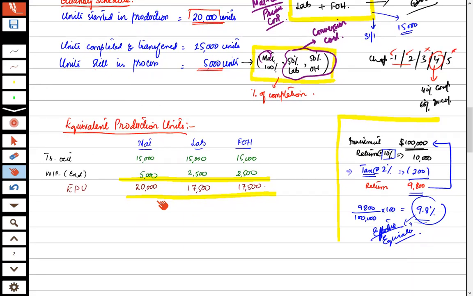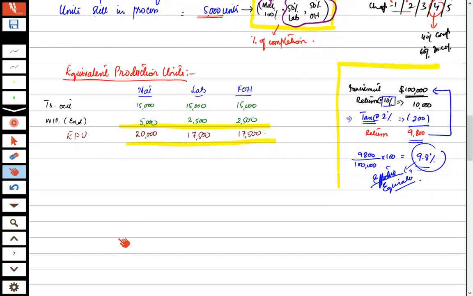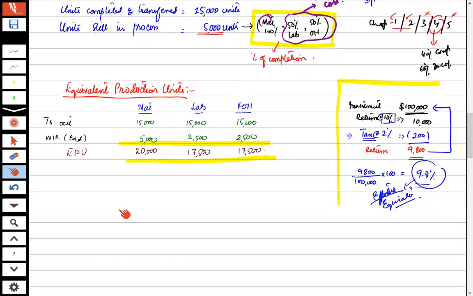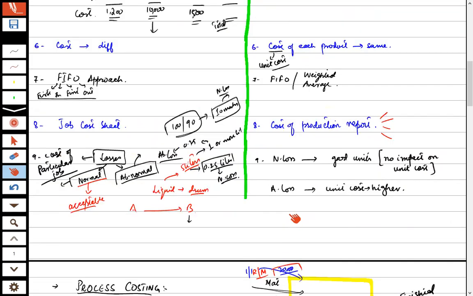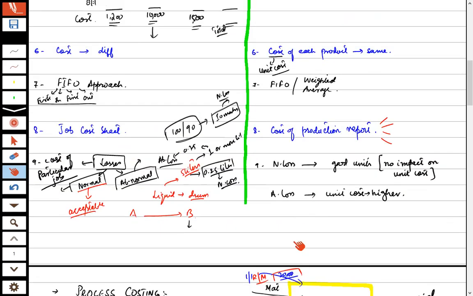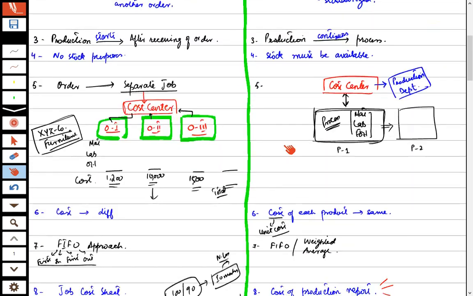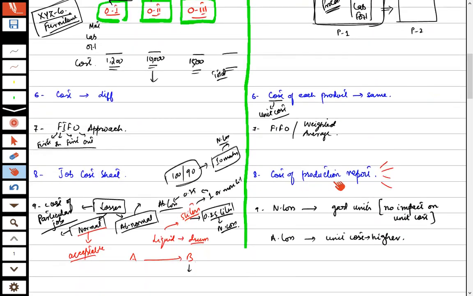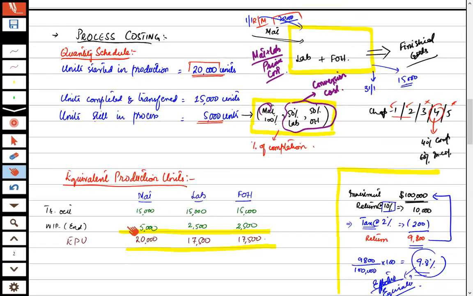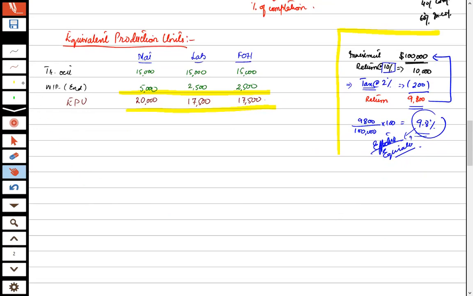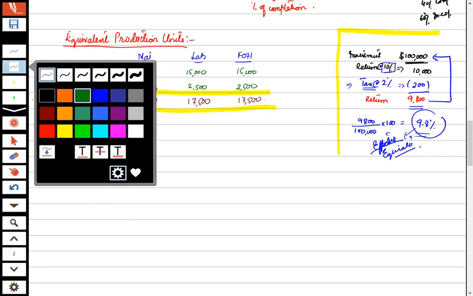Yes. Now, why do we need to calculate the EPU? EPU is calculated for calculating per unit cost, and remember we discussed that the cost of production report is prepared in process costing. It is helpful in preparing the cost of production report that we will prepare today. So let's suppose they are assumed figures.